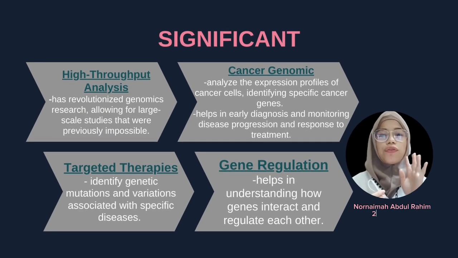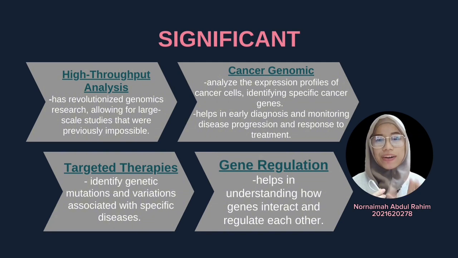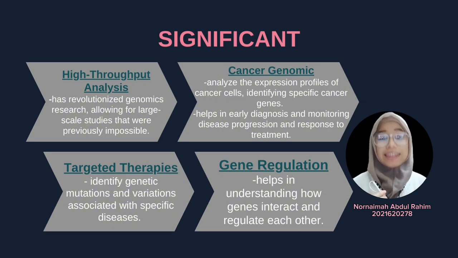So let's take a look at the significance of DNA microarray. The first one is high throughput analysis. DNA microarray has revolutionized genomic research, allowing for large-scale studies that were previously impossible. The second one is cancer genomics. DNA microarrays identify specific genes of cancer and help in early diagnosis as well as in monitoring disease progression and response to treatment.